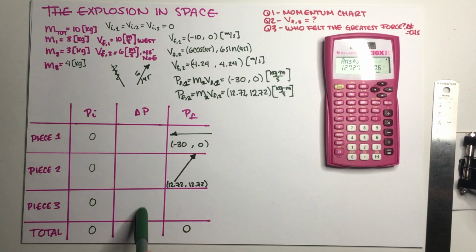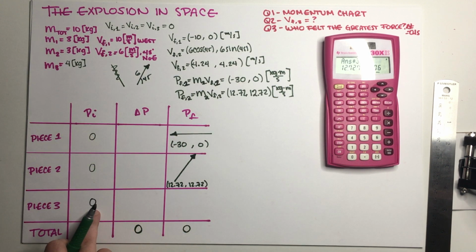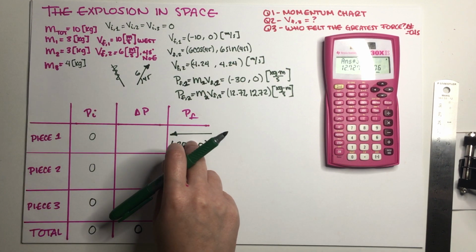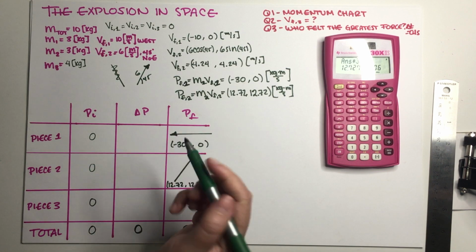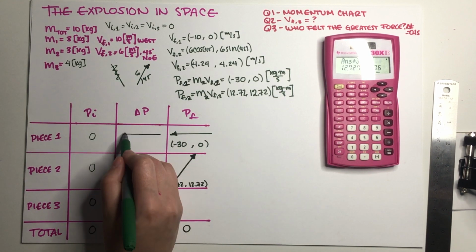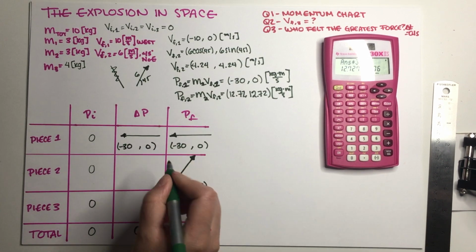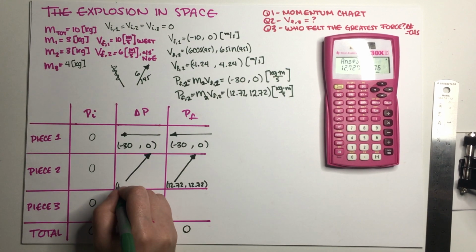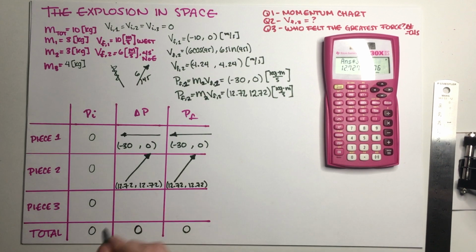So let's just go ahead and do this in order. Because we start at 0 over here and all of the rows have to add up, then 0 plus something has to be equal to this. So basically what goes here is exactly what we have over here so that it can add up. So I'm just going to go ahead and copy the exact same vectors, like this.